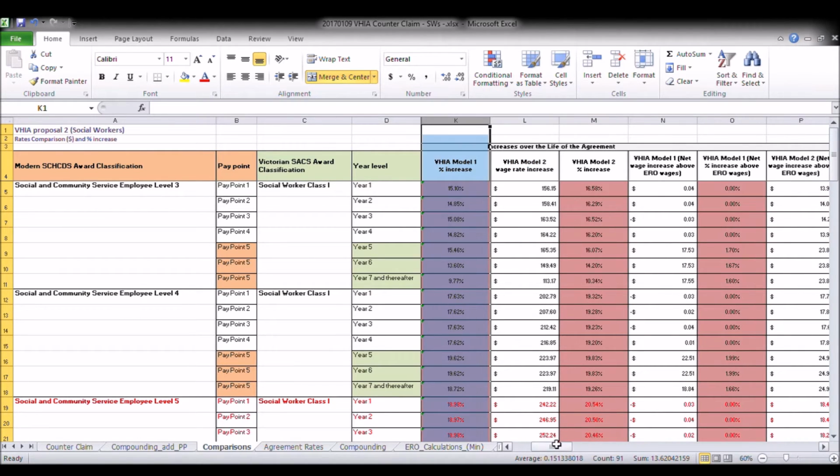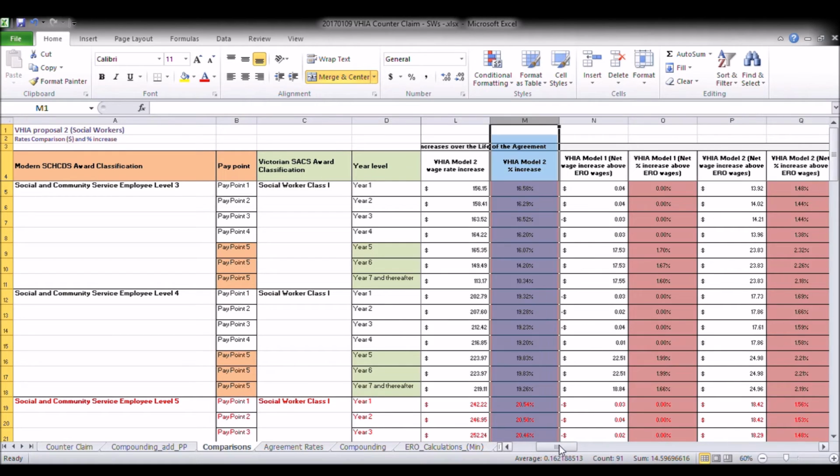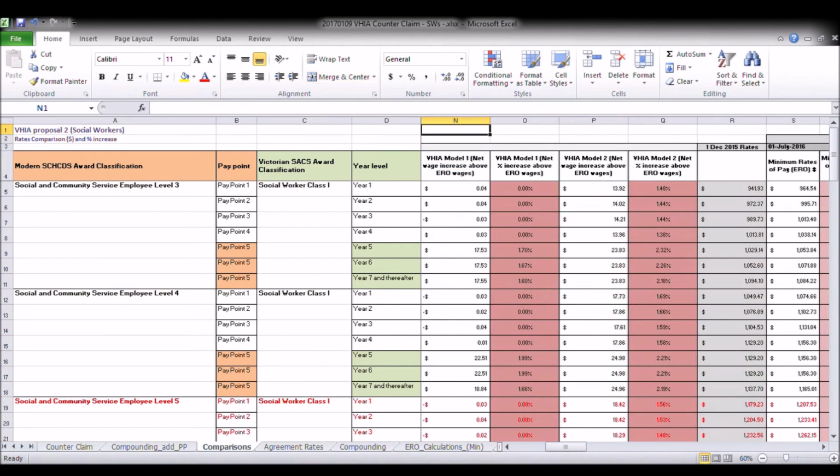Then we have the increases for the model 2 for VHIA. Then the next column, O, has the percentage above minimum rates that the VHIA was originally proposing.